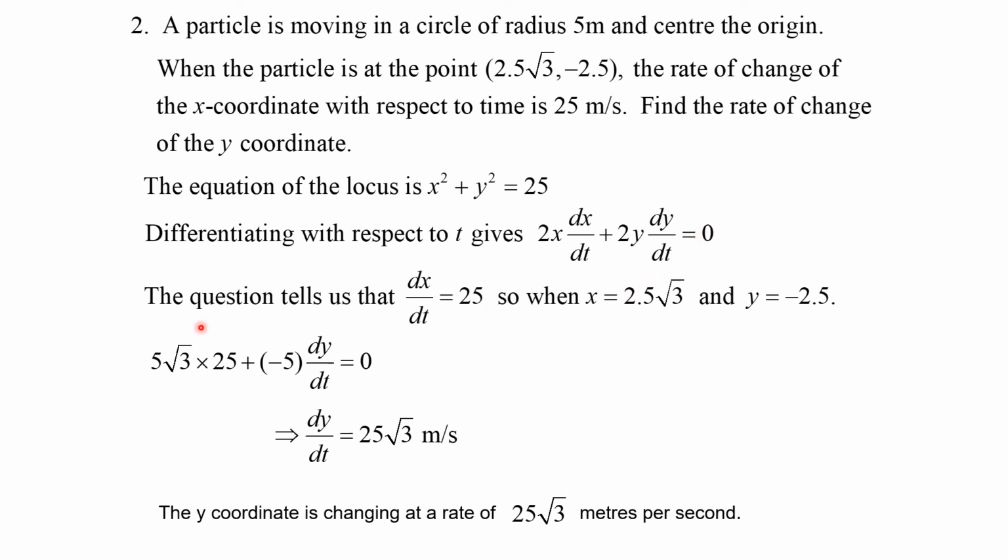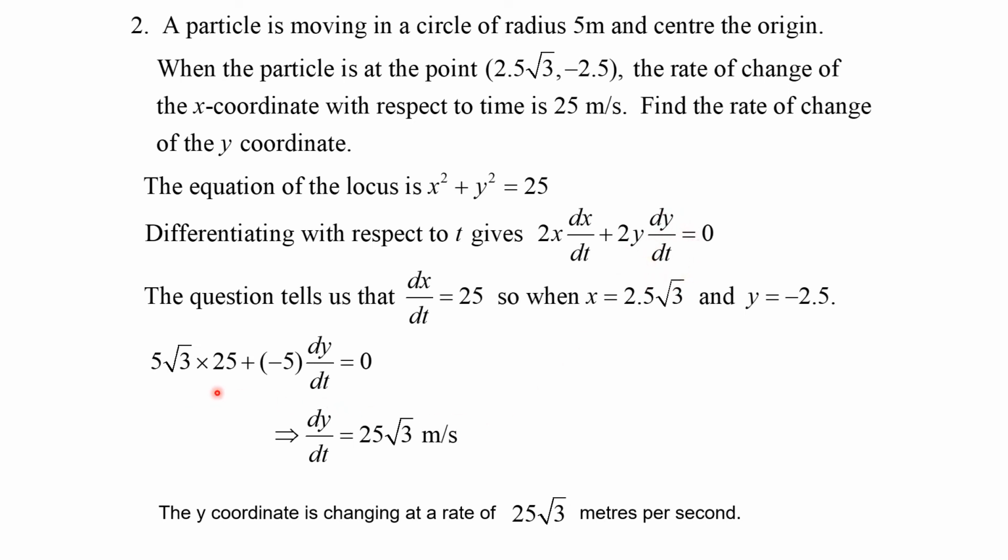The question gave you dx/dt as 25, so you can substitute dx/dt here. It gave you x as this value and y as this value. So you substitute x, dx/dt, and y, and dy/dt is what you're looking for.